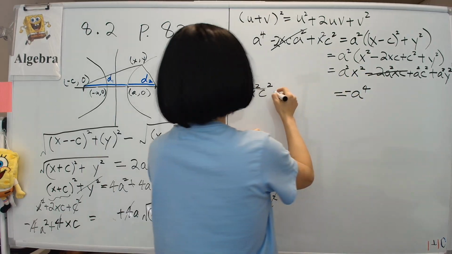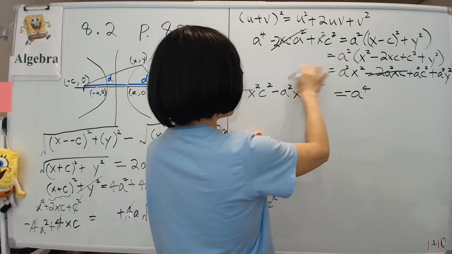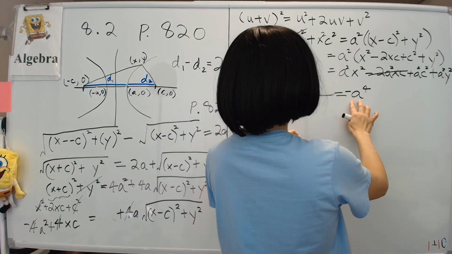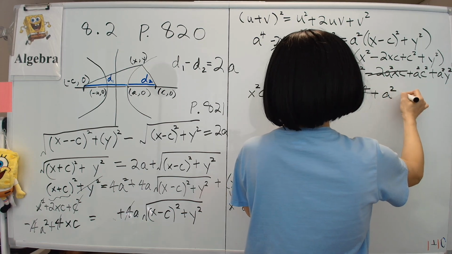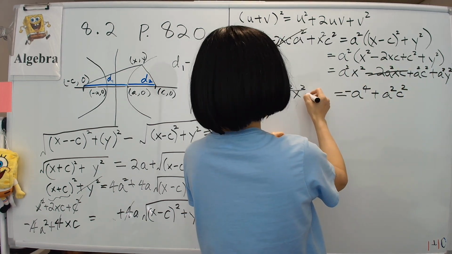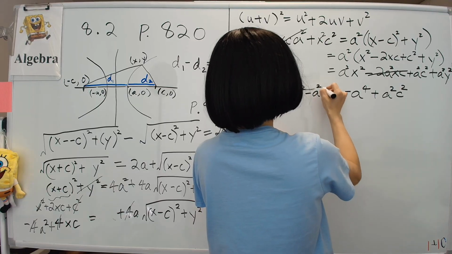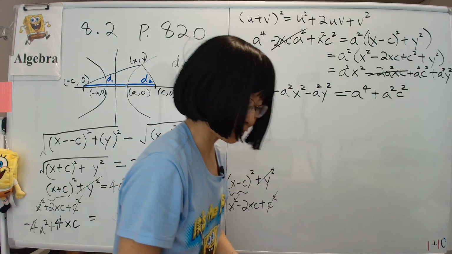Oh, never mind, it's fine. So minus a squared x squared, being that we moved it over here across the equation sign, and then that one stays, so it will be plus a squared c squared, and then this one moved over will become minus a squared y squared. Okay, that is so far so good.